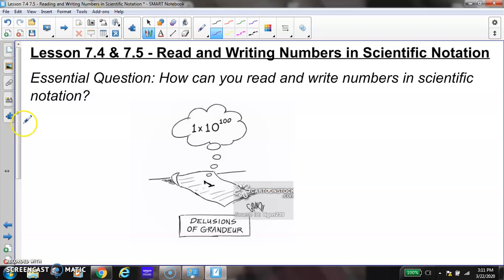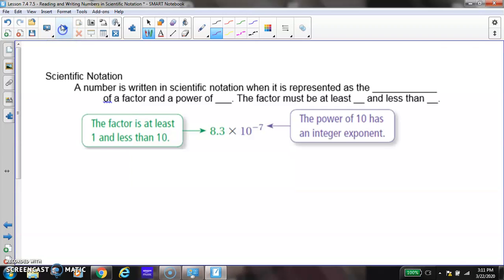Today we're going to be reading and writing numbers in scientific notation. So we're going to be dealing with numbers that are really, really big or numbers that are really, really small. So your essential question is, how can you read and write numbers in scientific notation?